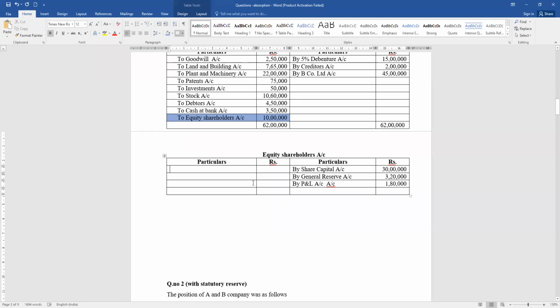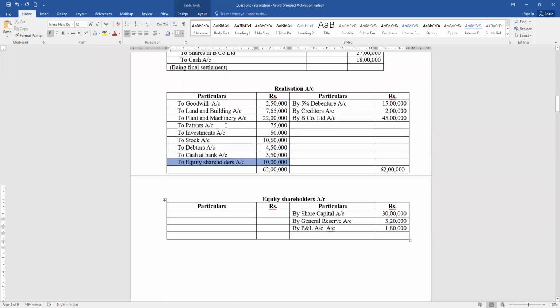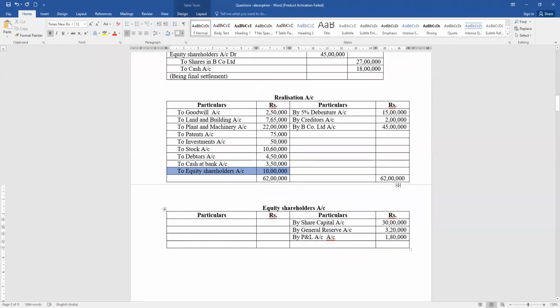But in this problem, nothing is there. So we are going to transfer the realization profit or loss. So it is profit. When you are getting profit, you have to transfer in the credit side. So by realization account, transferred from there to here, 10 lakhs.